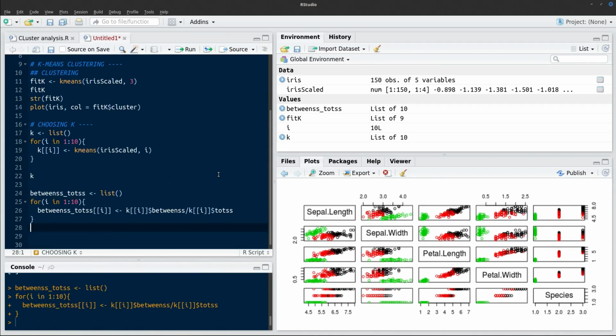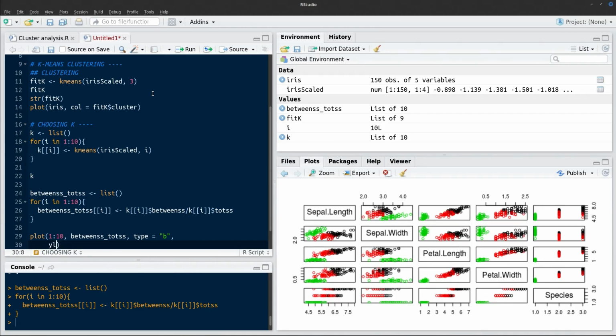So if we run this, we can then plot the ratio of sum of squares against the number of clusters in our data. So plot 1 to 10, these are our cluster numbers, against our between sum of squares, total sum of squares. The type of plot is going to be equal to B, which means both, so this will draw dots and lines to connect them.